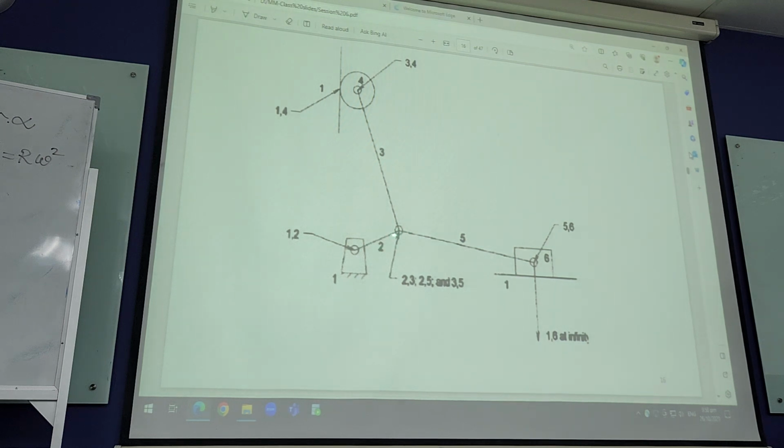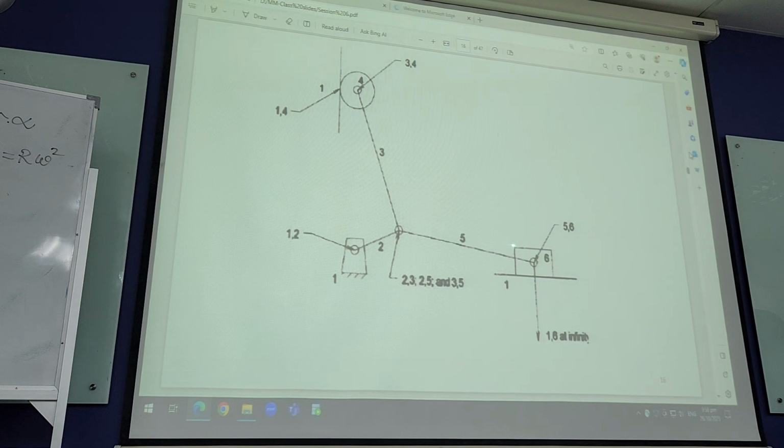So this is the link between 2 and 3. So you have IC 2 and 3. And also this is 3 and 5. And also this is linked to 2 and 5 connect. So this pin joint indicates the three ICs. So 2, 3, 2, 5 and 3, 5.